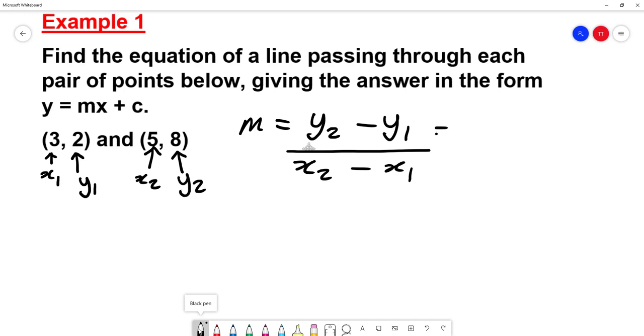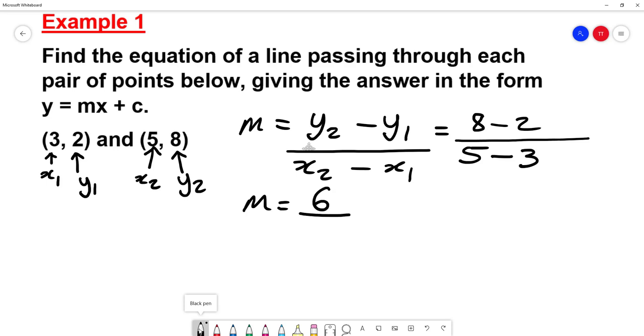So we can substitute these values into our equation. y2 is 8, y1 is 2, x2 is 5, and x1 is 3. So now we can say that m is going to be 8 take away 2 is 6, 5 take away 3 is 2, so we get m, the gradient, being 3.